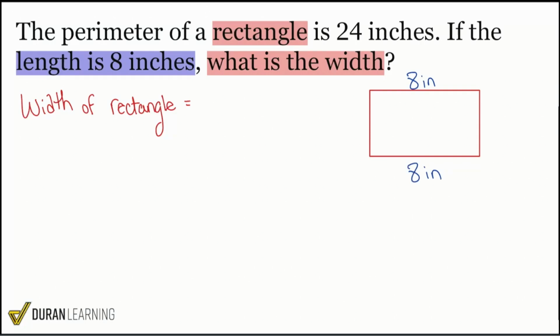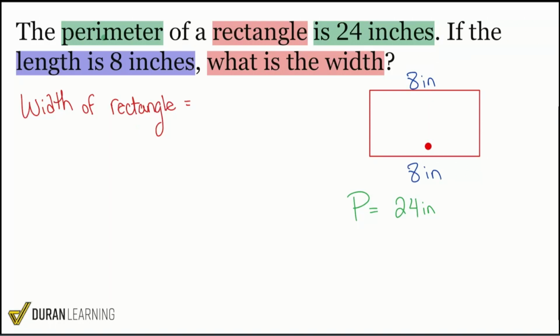So let's write that over here. Let me get green. Perimeter is 24 inches. So P equals 24 inches. All right. So this is the same question I've asked before. So let's just take a bit of a log here to see what we have. So we're looking for the width of a rectangle.